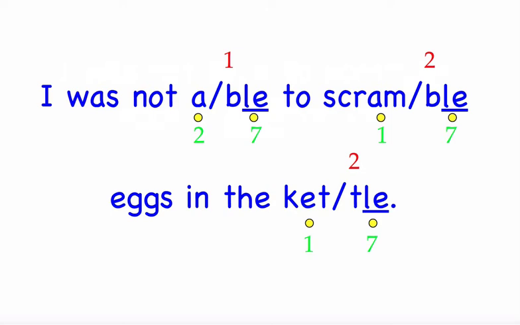Sentence 2. Put the bottle on the mantle and scribble this note down. Put the bottle on the mantle and scribble this note down. Put the bottle, bot, 3 sounds.